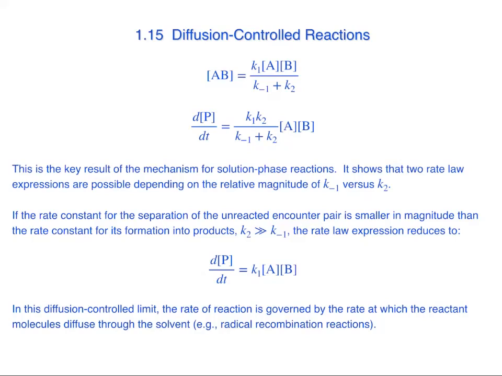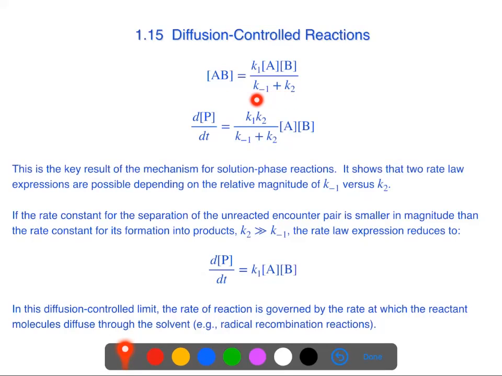Once we have equated that differential rate expression to zero, we can solve for the concentration of the encounter pair, and that's what's shown here. Now we can take that solution and substitute it into our expression for the rate of product formation.